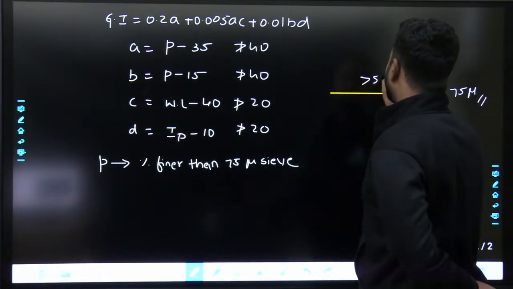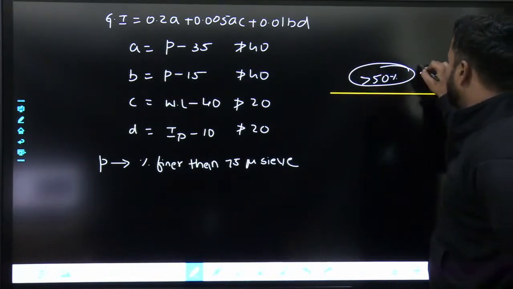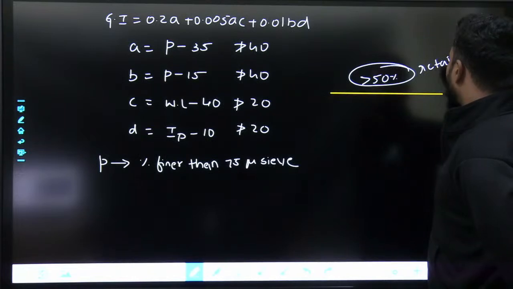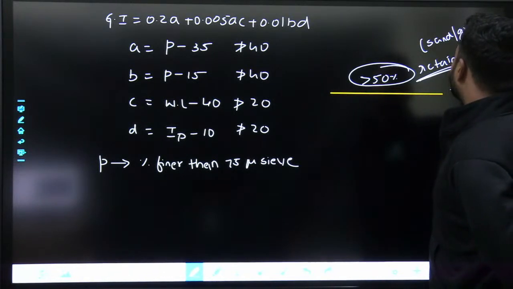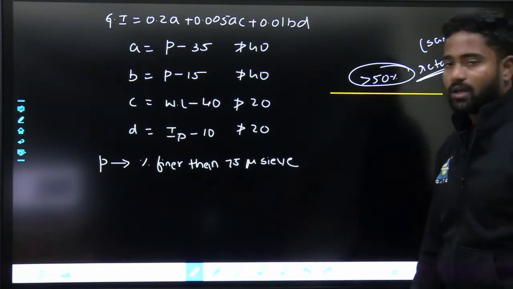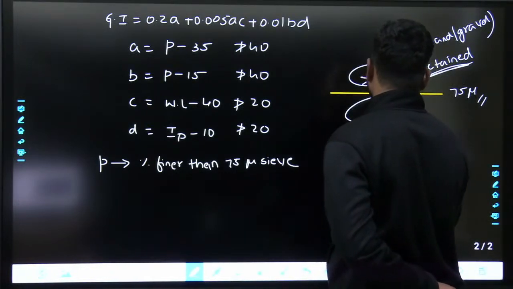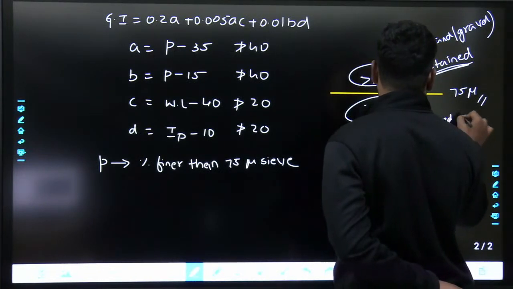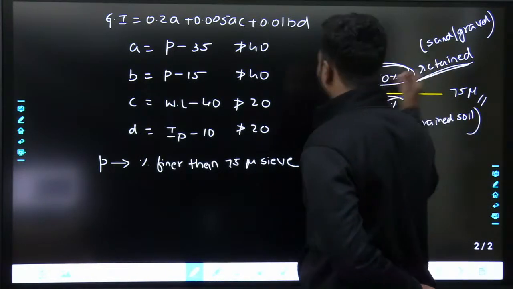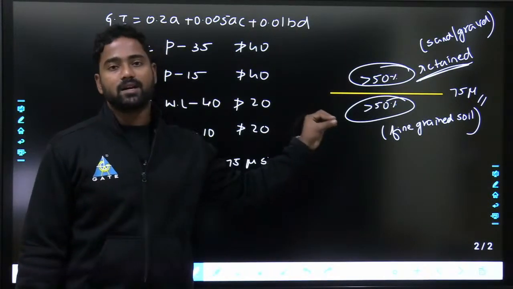If more than 50% is retained on the 75 micron sieve, then it is considered as sand or gravel, that is, coarse grained soil. If more than 50% is passing, then it is considered as fine grained soil.